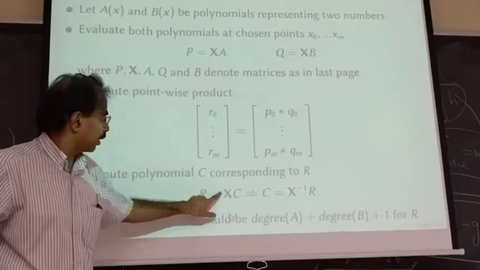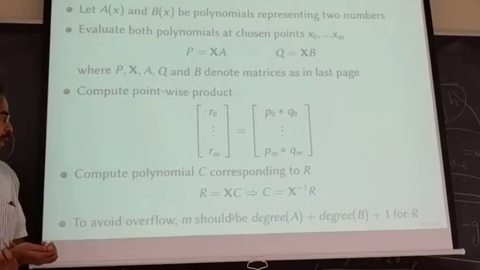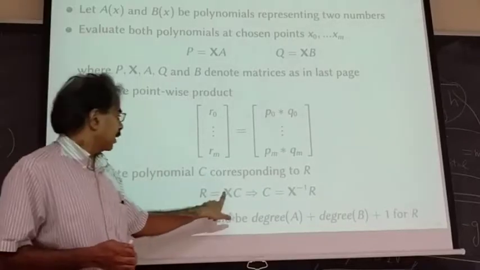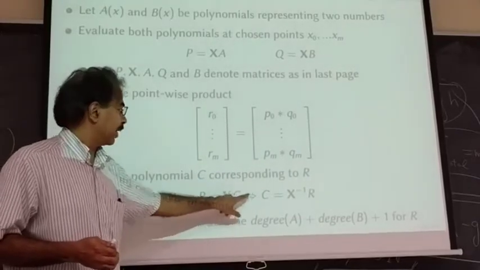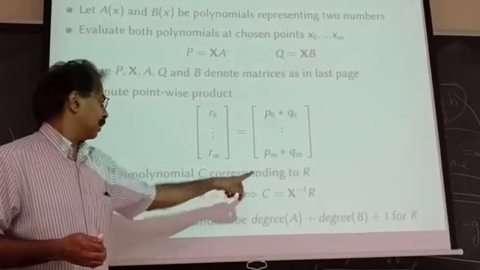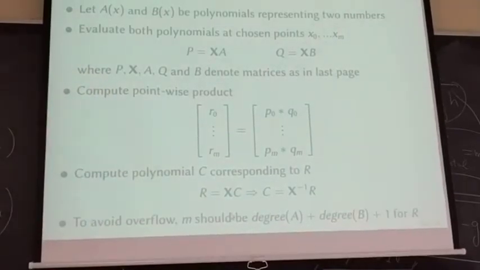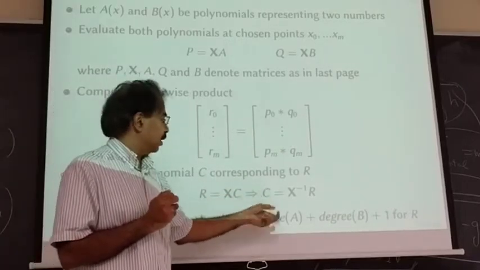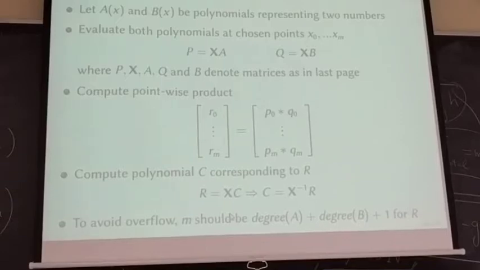So we put R equals XC, and now we can apply our inverse. If you left multiply by X inverse, X and X inverse get cancelled, so you get C. So X inverse times R will give you C, which is another column matrix that contains the coefficients of the product polynomial. Okay.